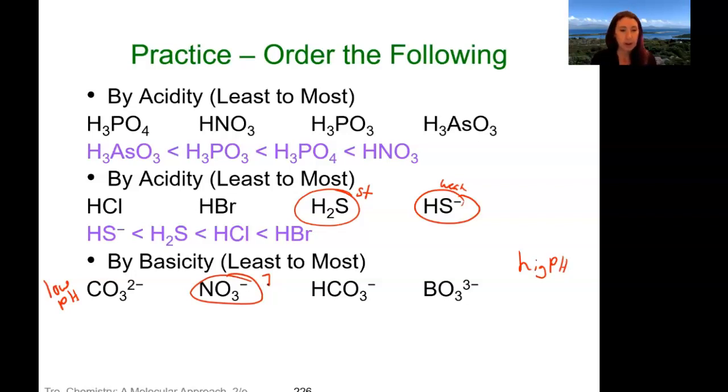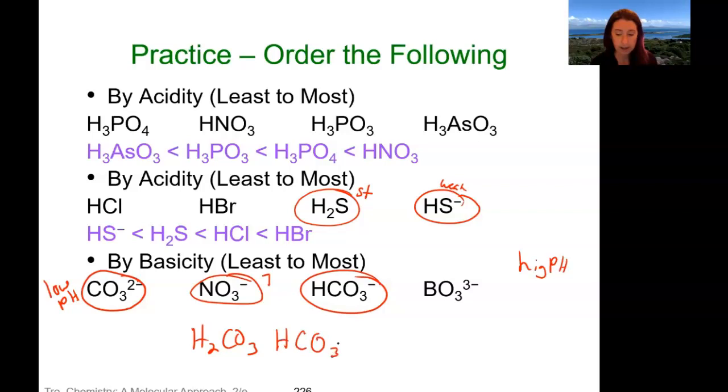So then if we go to our next ones, now we have to look at this one. So if we compare these two, this comes from H2CO3. So that's going to be the strongest of the CO3s. Every time we take an H off, it gets weaker. So the next strongest is going to be this, and the next strongest is going to be this.